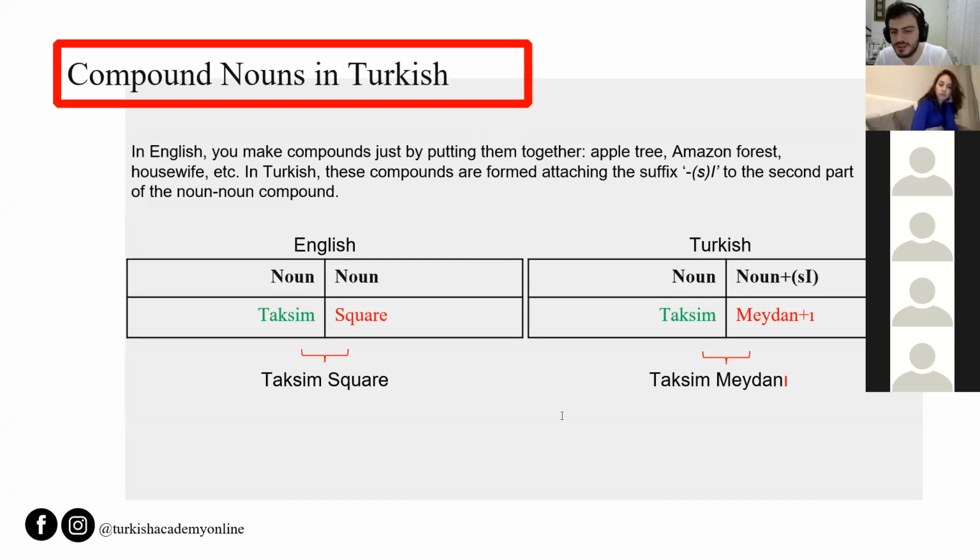So if you are going to Taksim Square, the sentence is going to be Taksim Meydanı'na gidiyorum, rather than Taksim Meydanı'ya gidiyorum. The y is going to be n.